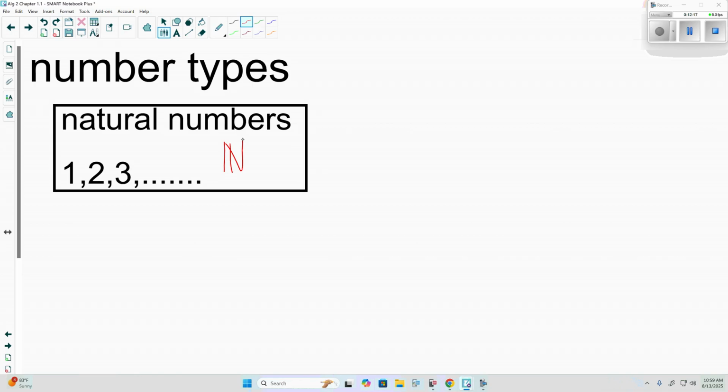So we're going to write natural numbers. And the shorthand for it is an N with 2 lines. So especially in proofs, or when we're working through stuff, or writing in set builder notation, we'll use this. We won't write out natural numbers. We'll write an N with 2 lines. It's understood that we're talking about the natural numbers.